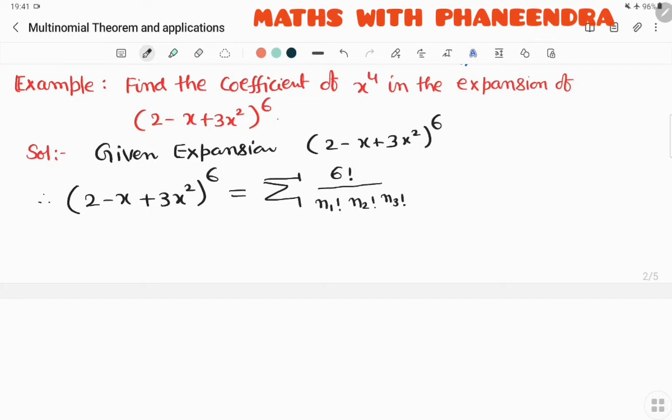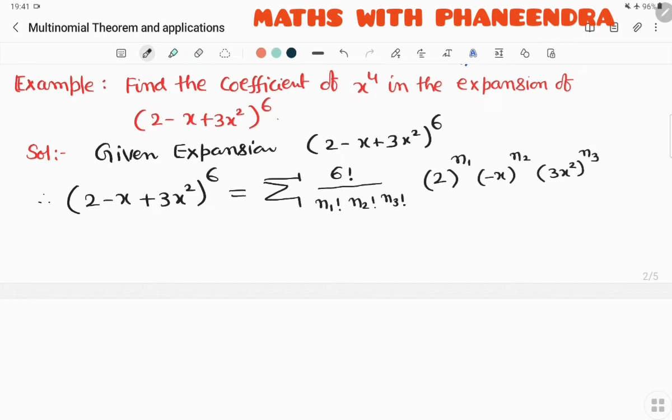After that, in place of x, in place of y, in place of z, what values are there? That you can write. So first in place of x, 2 power n1. In place of y, minus x is there, so minus x whole power n2. In place of z, 3x square is there, that too positive, 3x square whole power n3.